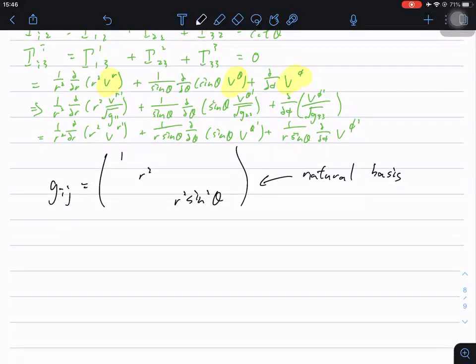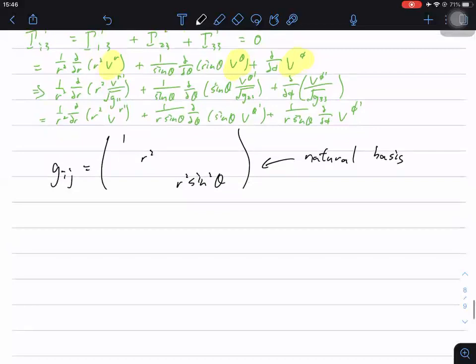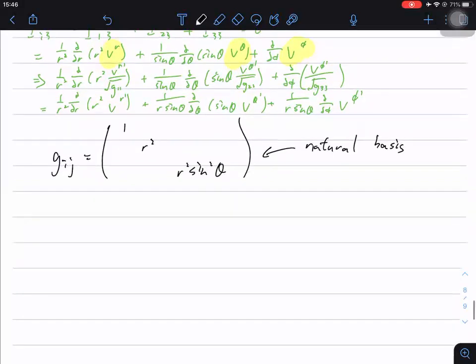And you may wonder what the difference is between natural basis and orthogonal basis in doing the calculation. But indeed, you can do all the calculation in orthogonal basis with some differences. First of all, in natural basis, let me make a table to make it clear.